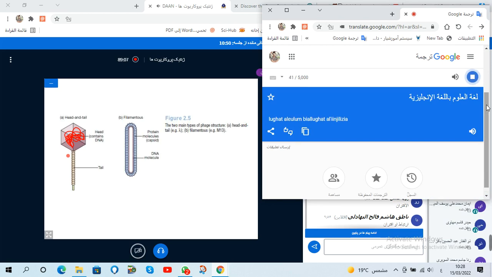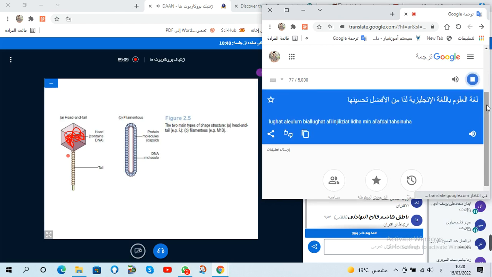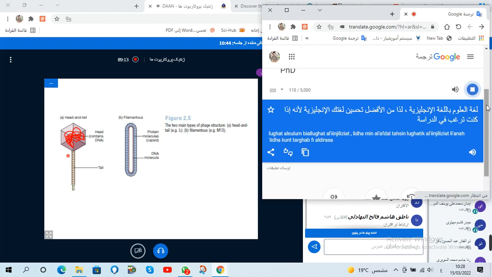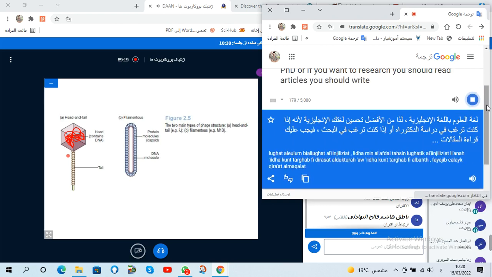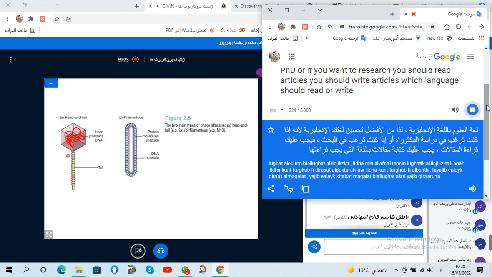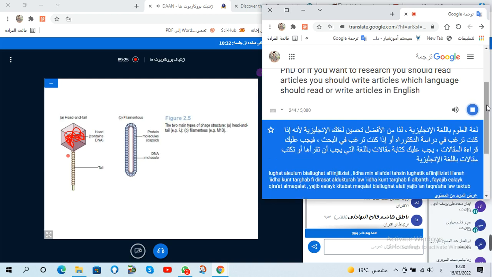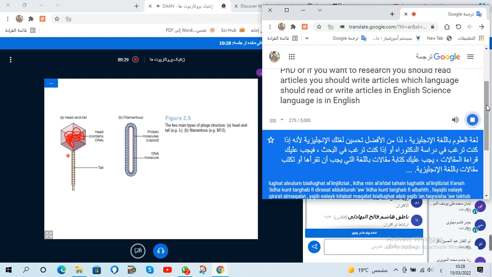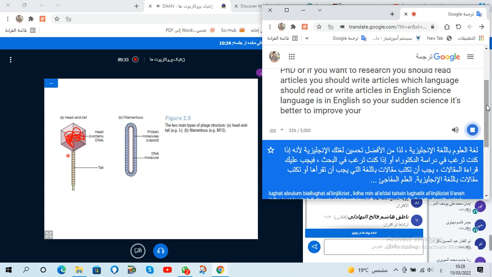So it's better to improve your English, because if you want to study a PhD or do research, you should read articles and write articles. Which language should you read or write articles in? In English. So science language is English. You're studying science, so it's better to improve your English.